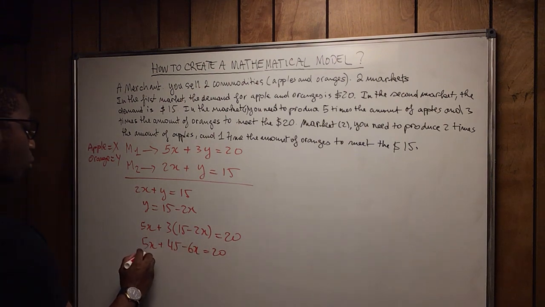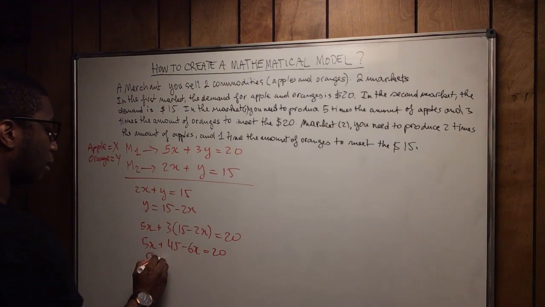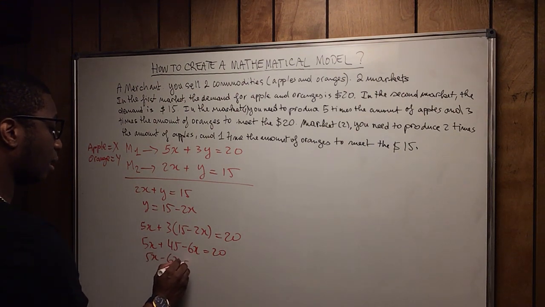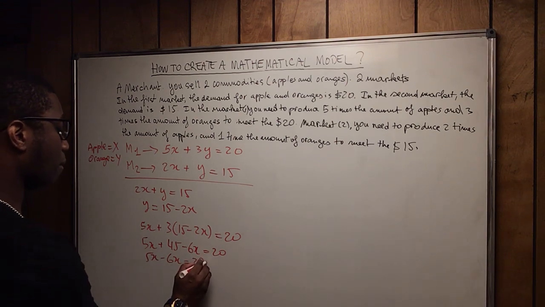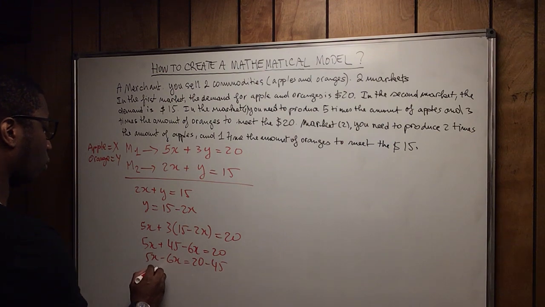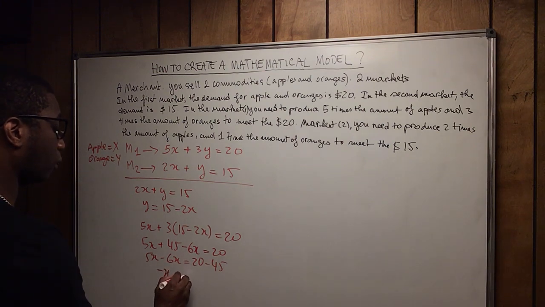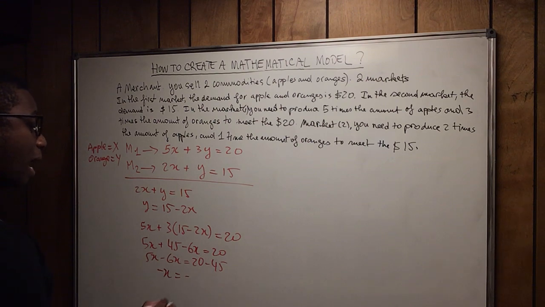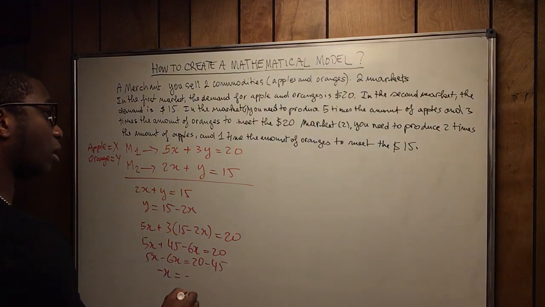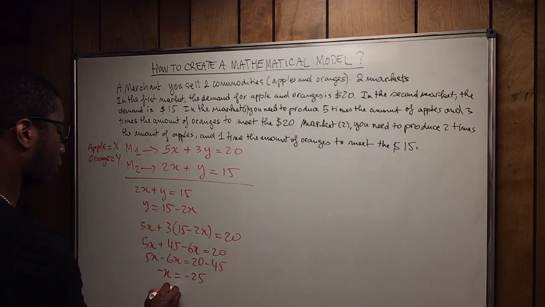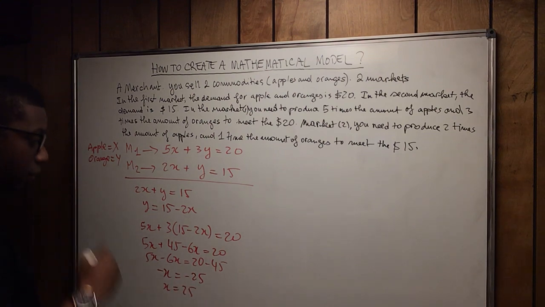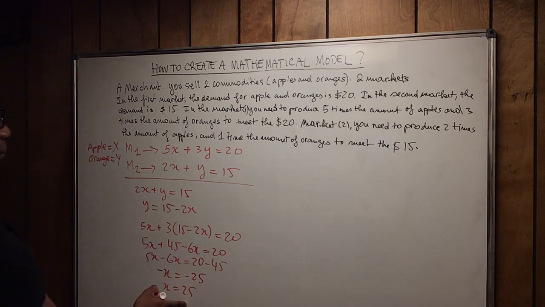Put the x's together and the real numbers together: 5x minus 6x equals 20 minus 45, so minus x equals minus 25. X equals 25.